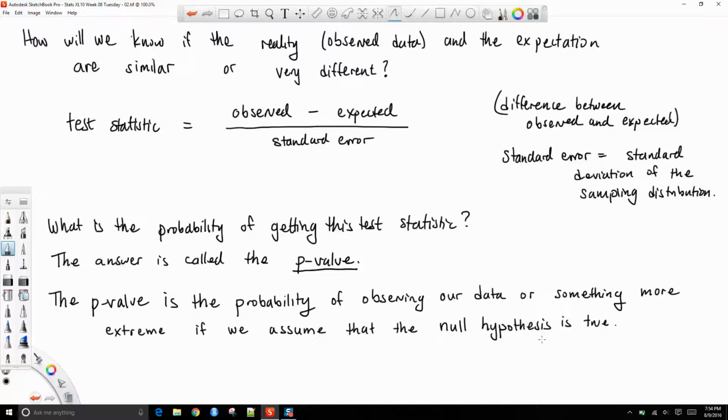Okay? On the other hand, if it's incredibly unlikely to get our data if the null hypothesis were true, and yet we have this data, then that means our belief, our null hypothesis, is probably wrong. Okay?